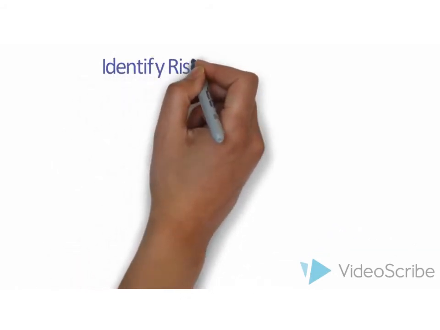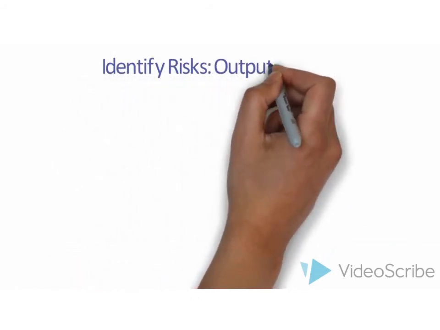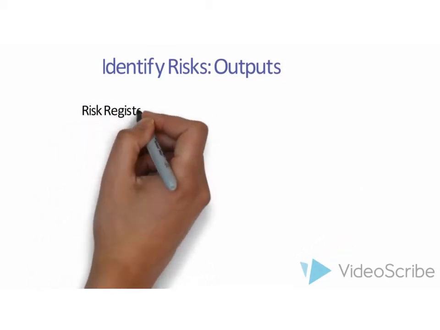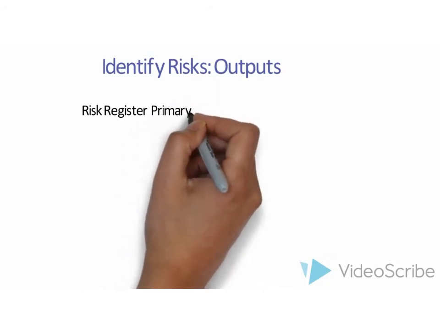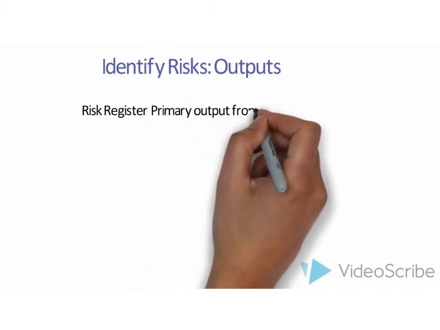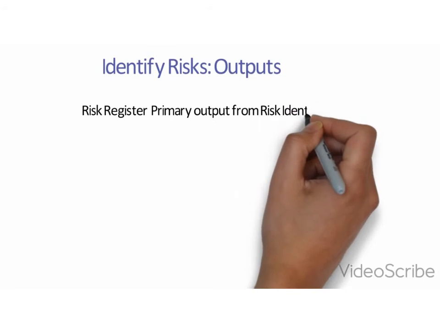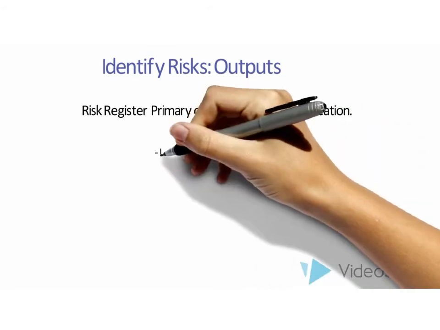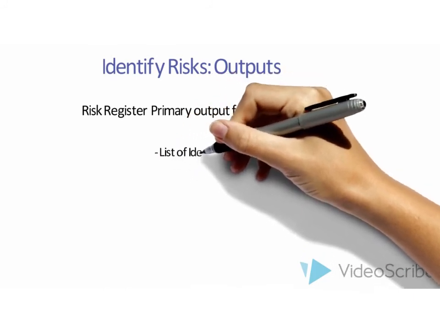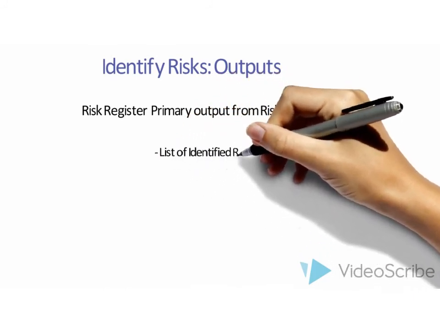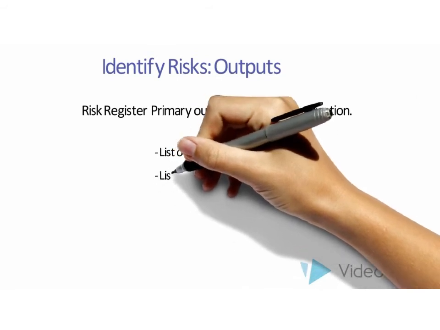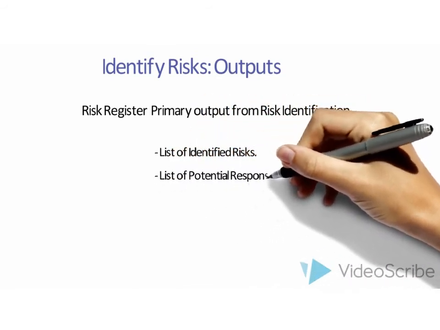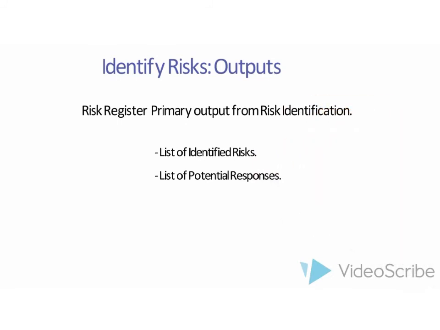Identify risk outputs. The only output of identify risk process is risk register. This will have one list of identified risk, two list of potential responses which will be useful in planned risk response process.